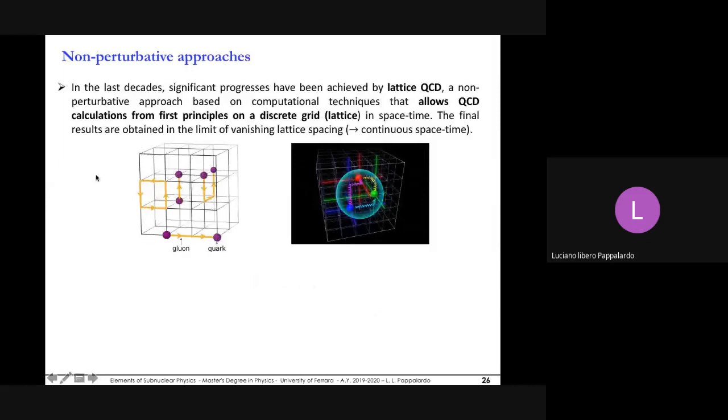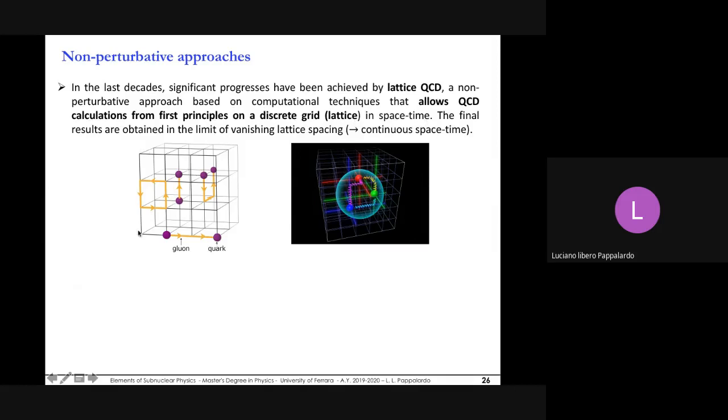So one way out of this is a technique that was developed in the last decades, and it is the lattice QCD, okay? This is a non-perturbative approach, which is based on computational techniques that allow the QCD calculation from first principles, although in a non-perturbative regime, but based on a discrete grid of space-time.